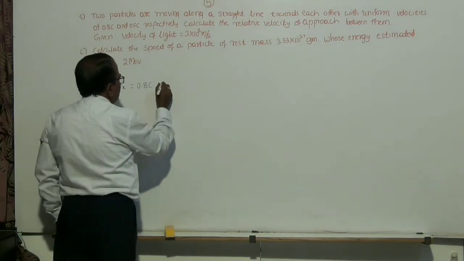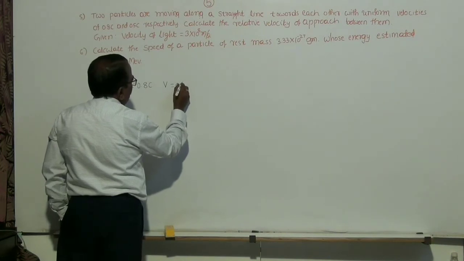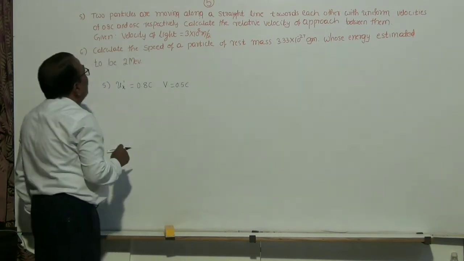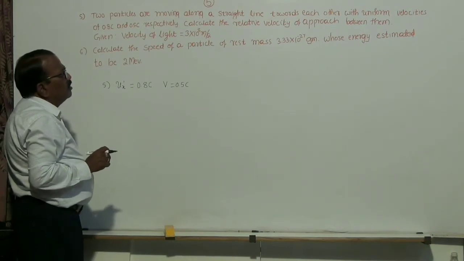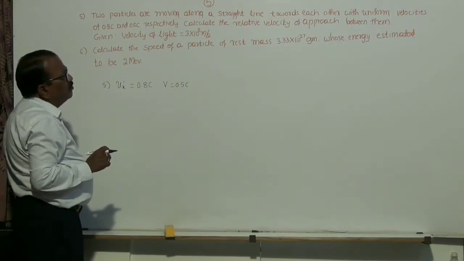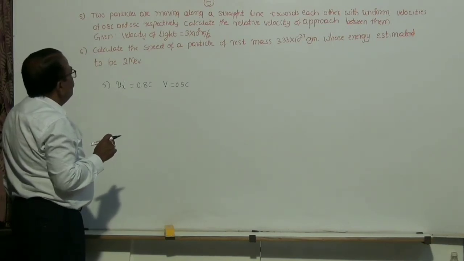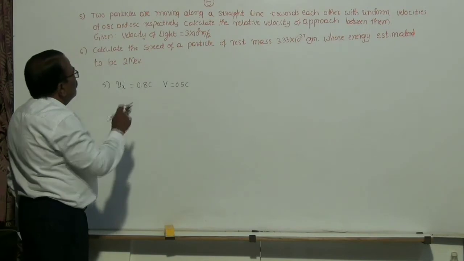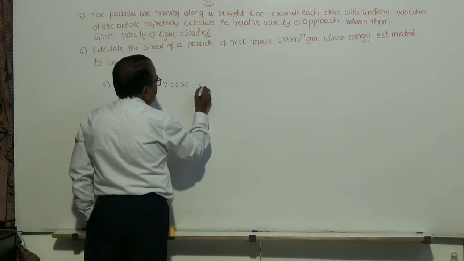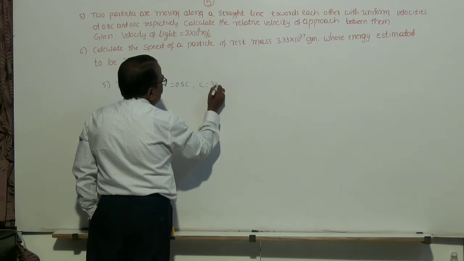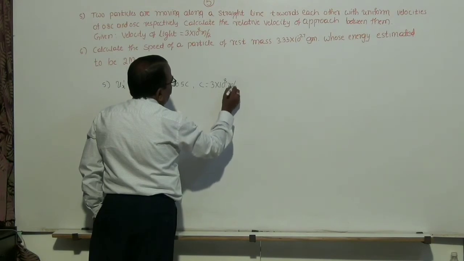Let us take this as negative, respectively. Calculate the relative velocity of approach between them, given velocity of light, that is c is 3 into 10⁸ meter per second.